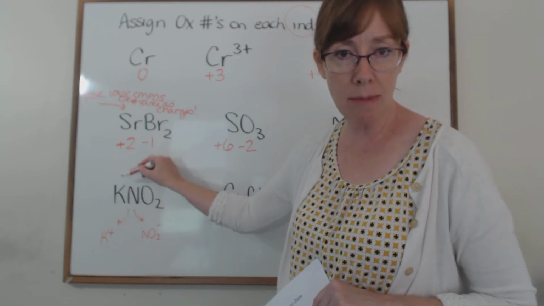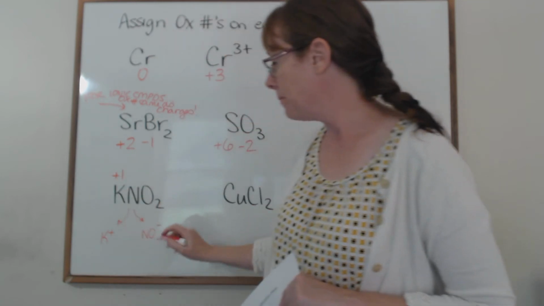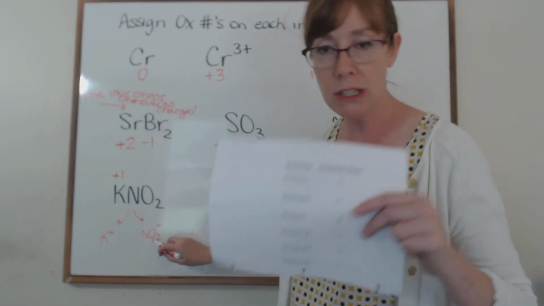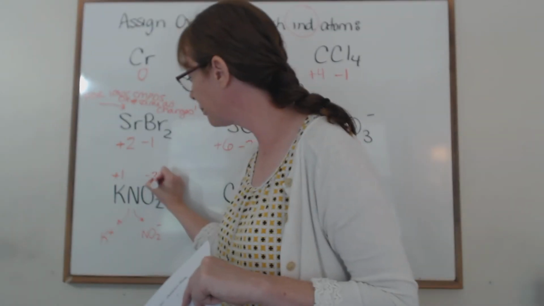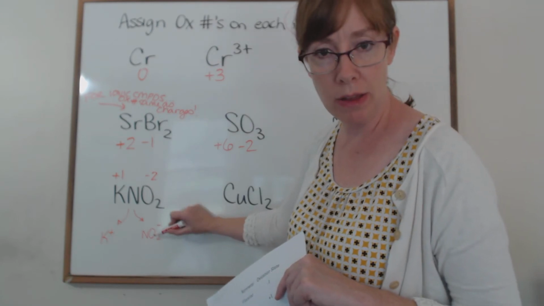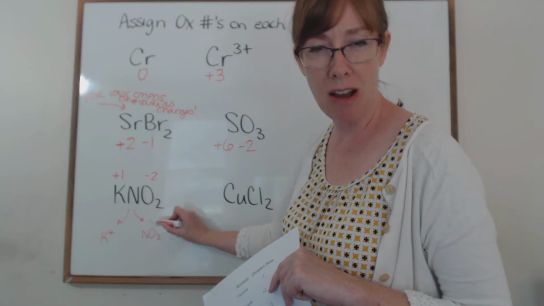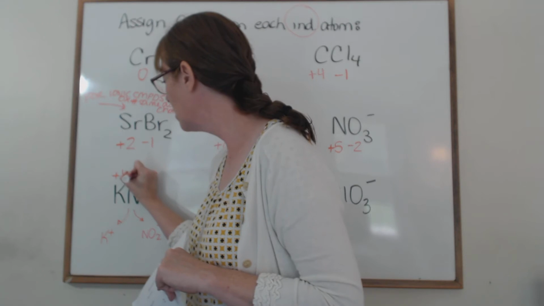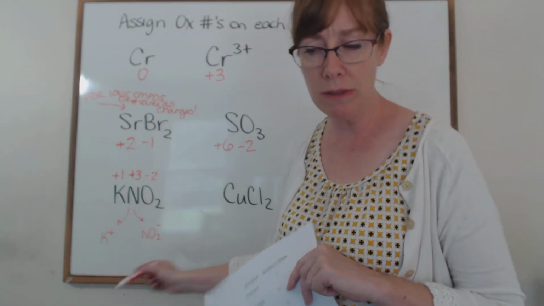So that's a monoatomic ion, and this would just be +1, the K+. And NO2, it's very similar to this one, NO3. We just found out that oxygen is a -2 oxidation number. And these will have to all add up to -1, so that gets you -4. So what would this nitrogen have to be so that they all add up to -1? And it's going to be +3.